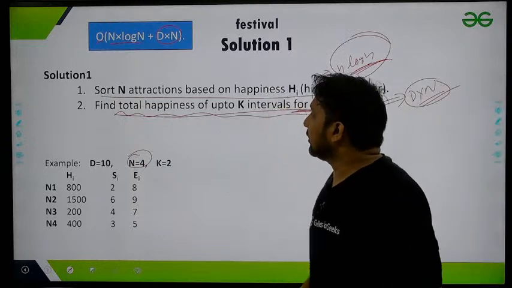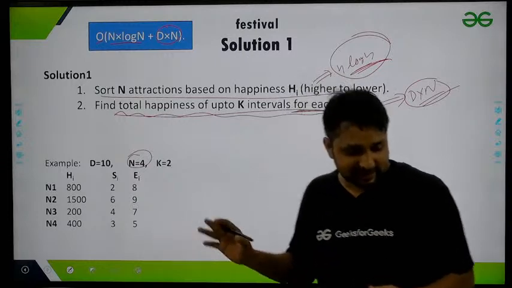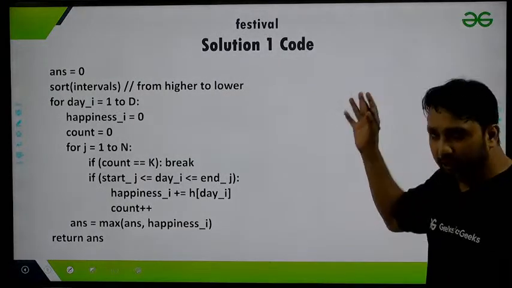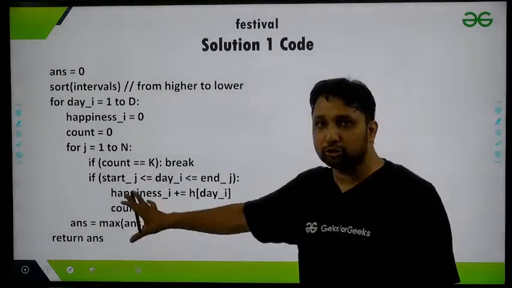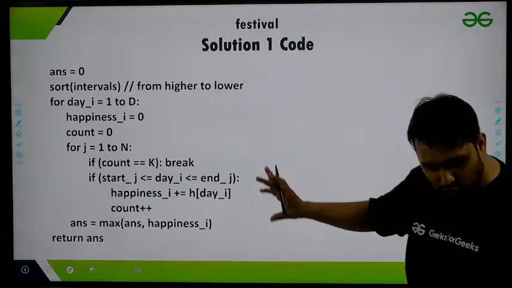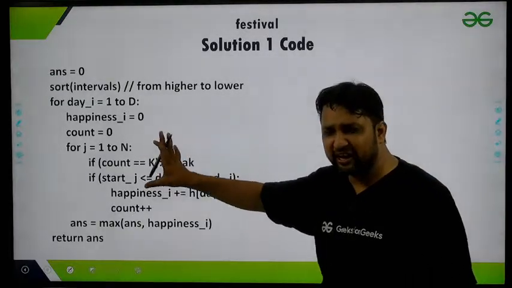Okay, and now we will try to improve this solution. Before going to the second solution, let's discuss the code of the same solution 1. That is very easy actually.